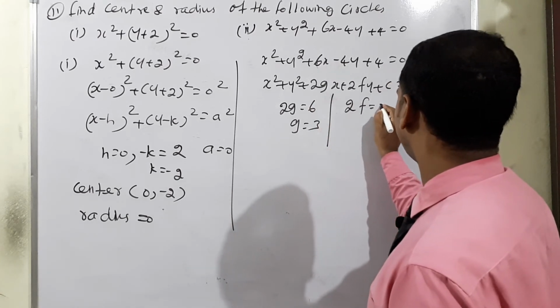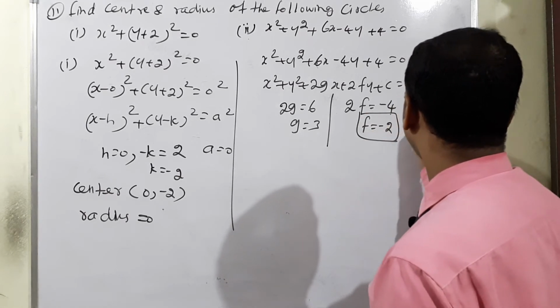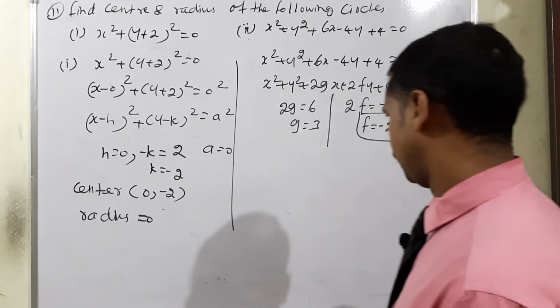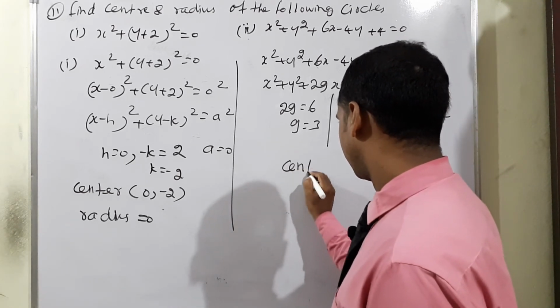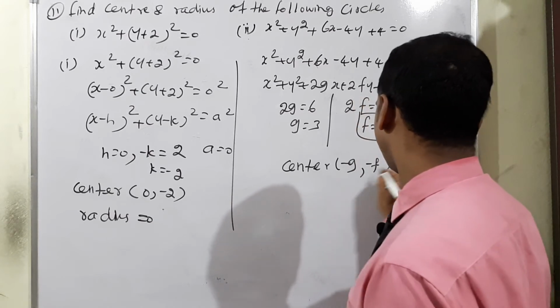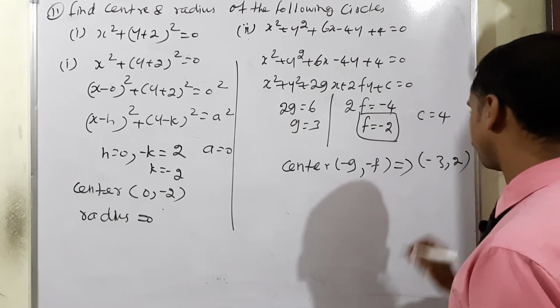Then 2f is equal to minus 4 means f is equal to minus 2. Then constant c is equal to positive 4. So what will happen? Center means minus g comma minus f. Therefore, minus g comma minus f means minus 3 comma positive 2.